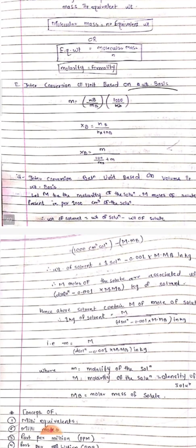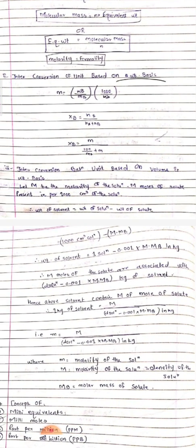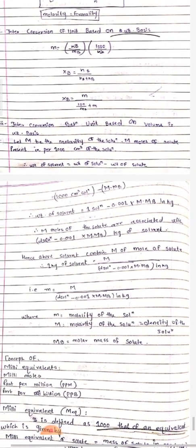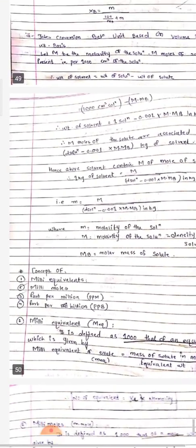Therefore weight of the solvent is equal to weight of solution minus weight of solute. Here molality is equal to M upon d of solution minus 0.001 into M into Mb, in kilogram. M is the molarity of the solution and Mb is the molar mass of the solute.